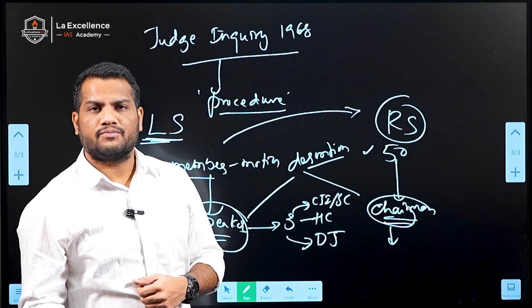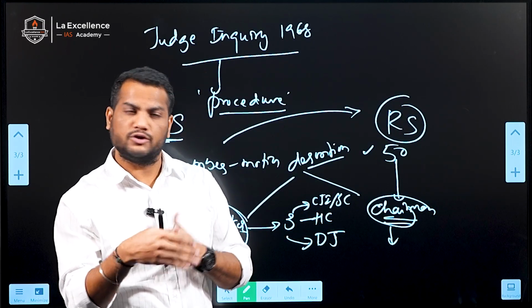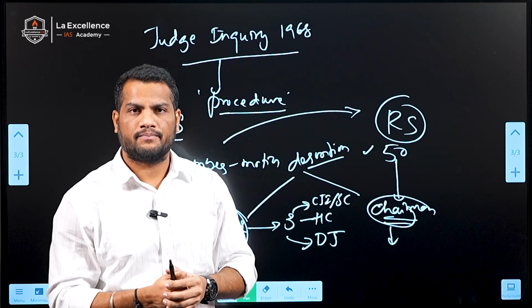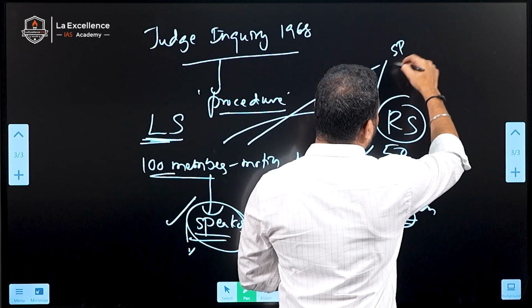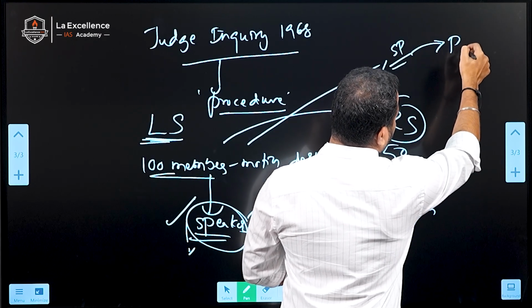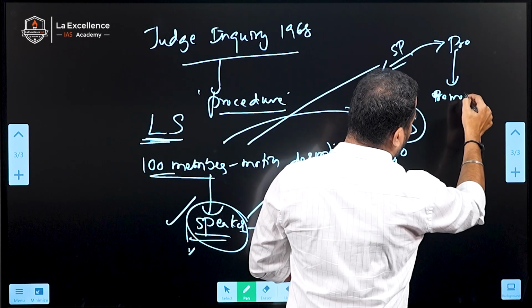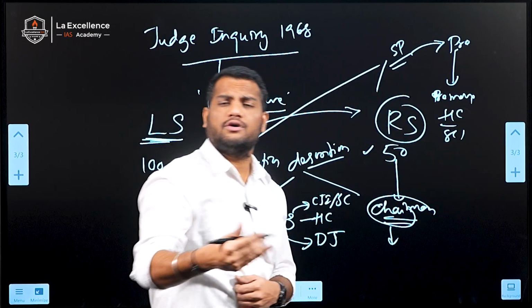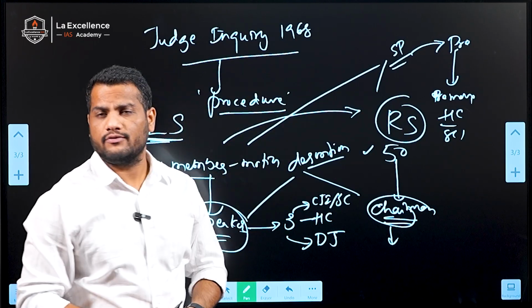The Rajya Sabha should also pass it with a special majority of the total membership of the House and 2/3 of the members present and voting. If both houses pass the resolution with a special majority, it will be sent to the President, and the President is bound to remove the High Court judge or Supreme Court judge from his office. This is the procedure laid down in the Judges Enquiry Act of 1968.